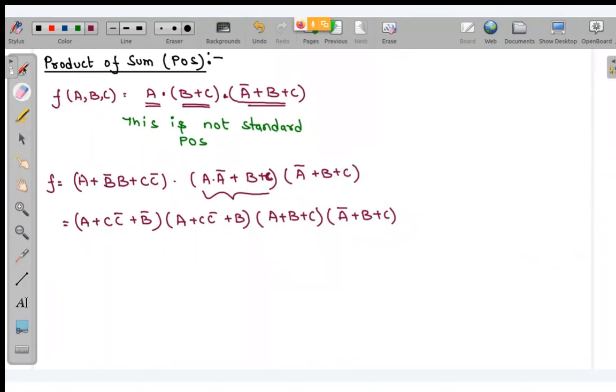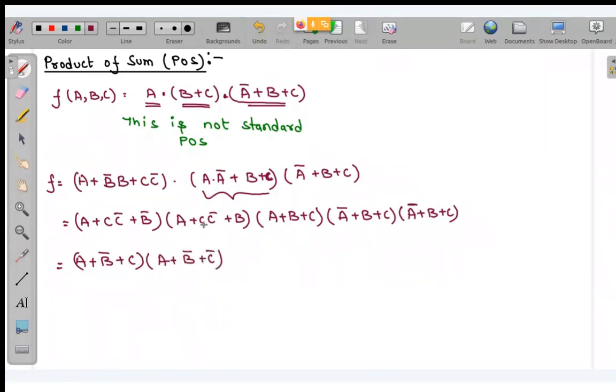This will be what? A plus B plus C, over here A complement. Okay, now again I need to expand this. So this will be what? A plus B complement plus C, A plus B complement plus C complement.